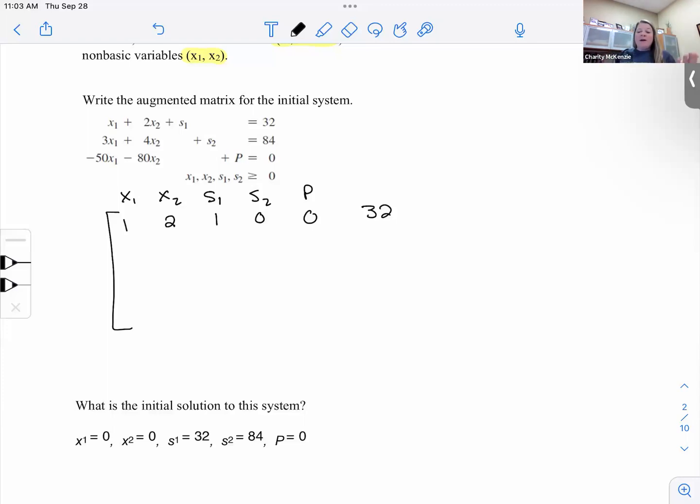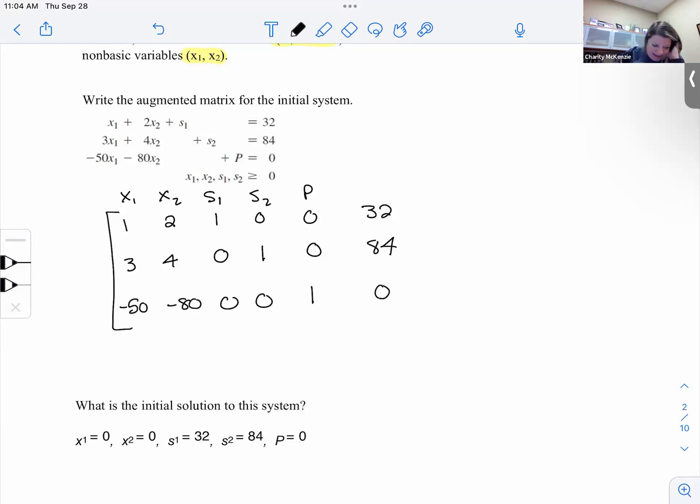If you had 3 equations, you'd have S1, S2, and S3, and then you might have an x3: 3 equations, 3 unknowns. Then the next row would go 3, 4, 0, 1, because there's one S2 there, no profit, 84. The last one goes negative 50, negative 80, 0, 0, 1, 0.